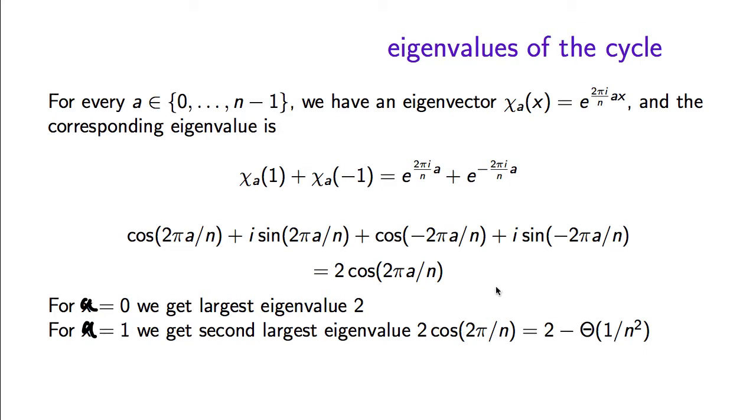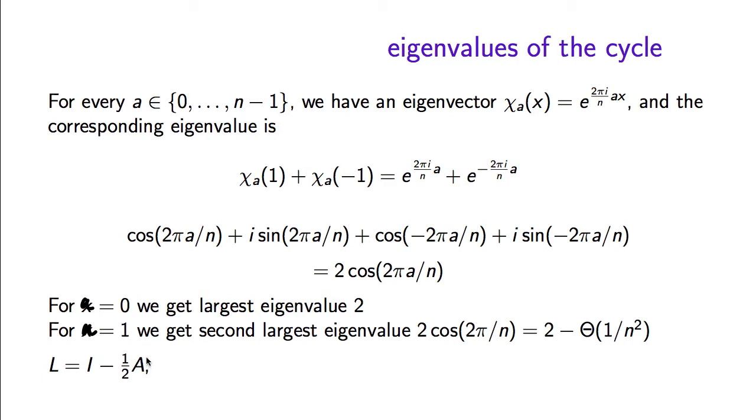Now the cosine of a small number is close to 1, and the cosine of epsilon is roughly 1 minus epsilon squared over 2. So that's what this second largest eigenvalue of the adjacency matrix is going to be like. Now from the adjacency matrix, we pass to the Laplacian by this transformation.